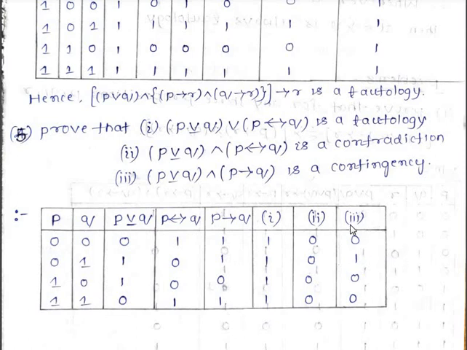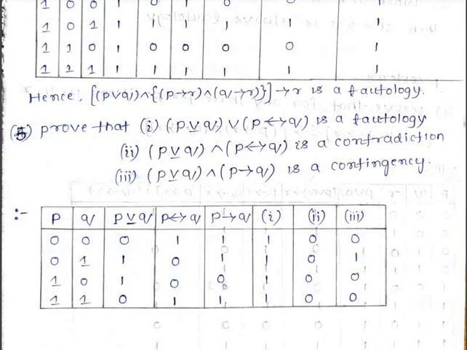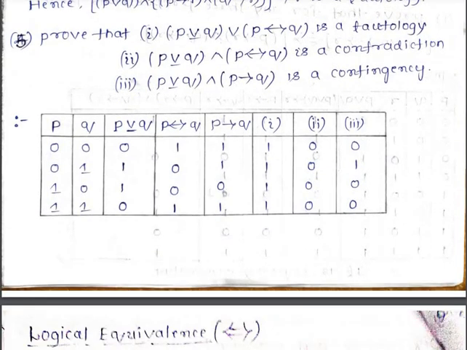From this result we can see that it has both true and false values, so it is neither a tautology nor a contradiction. Therefore we call it a contingency. It is a mixture of both true and false values. Okay, thank you.